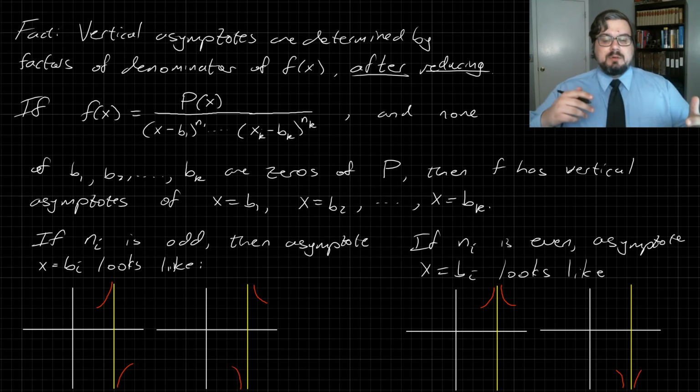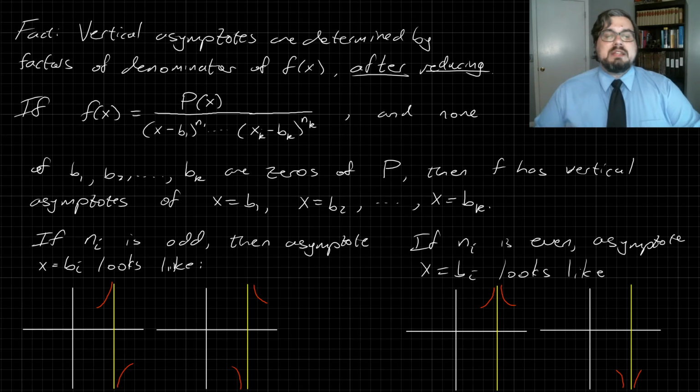But for us, we just care that the pattern that we see here does matter. The evenness or oddness of powers of factors tends to have a great deal of power over how the function behaves near whatever sort of point that term is describing.